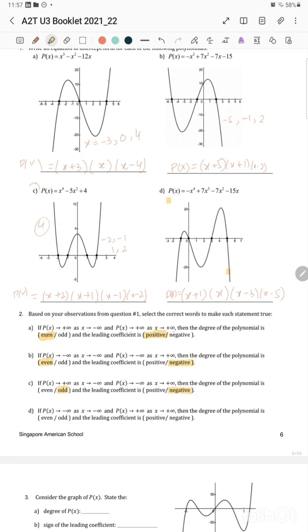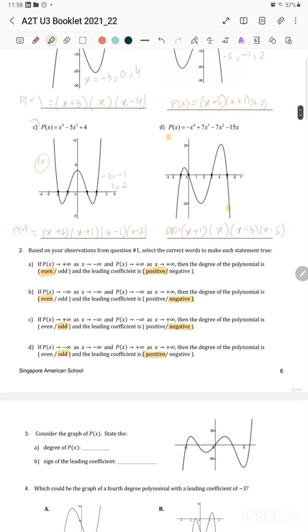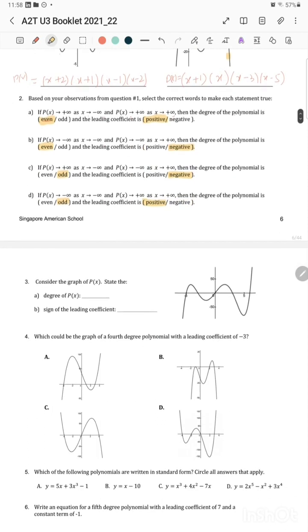The last one is p of x negative infinity when x is negative and positive when x is positive. The degree is 3, that is odd, and the leading coefficient is positive. So we get to know that if it is behaving positive, positive it's even and positive, even and negative, odd and negative, odd and positive.